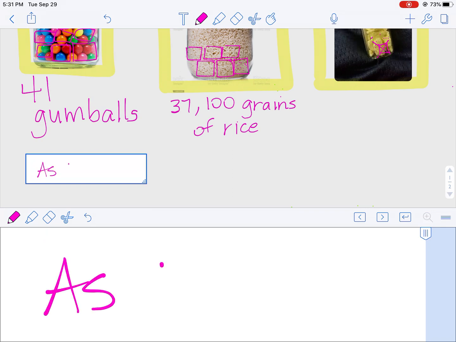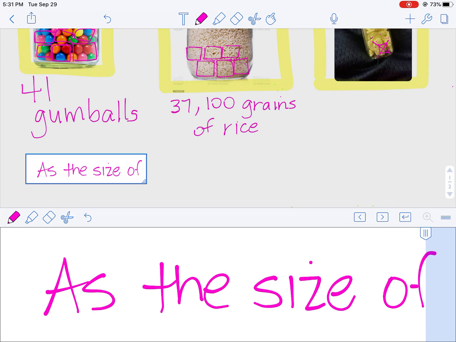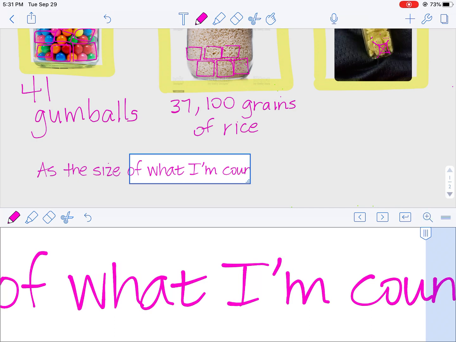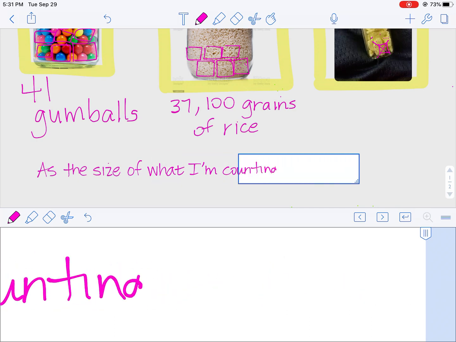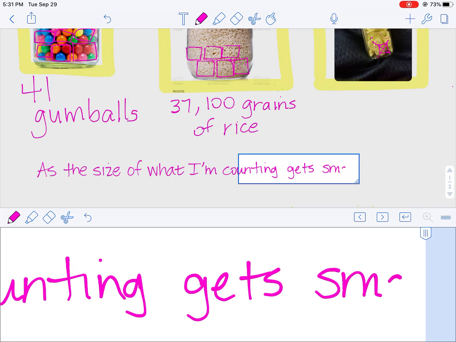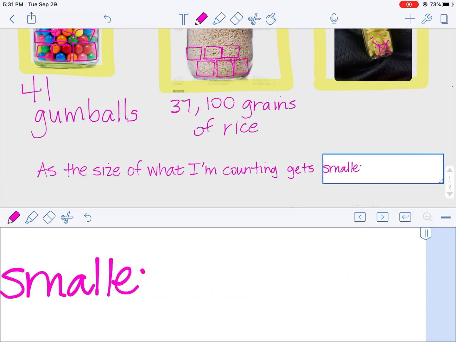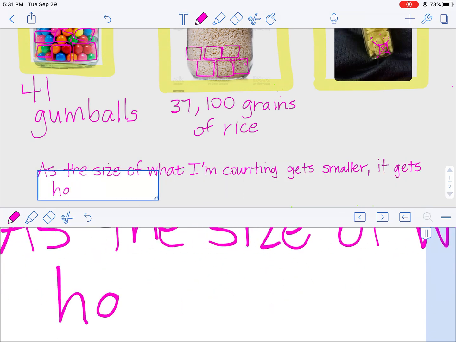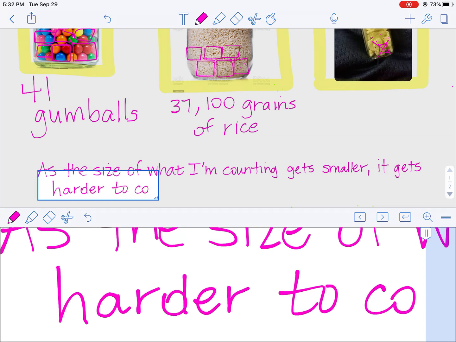As the size of what I'm counting gets smaller or decreases, it gets harder to count them.